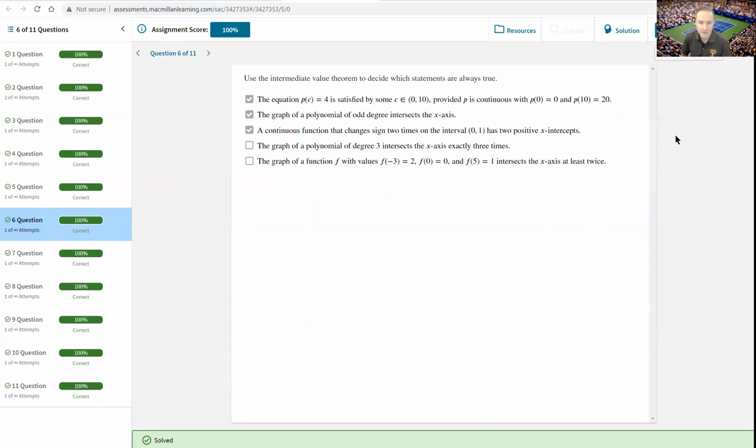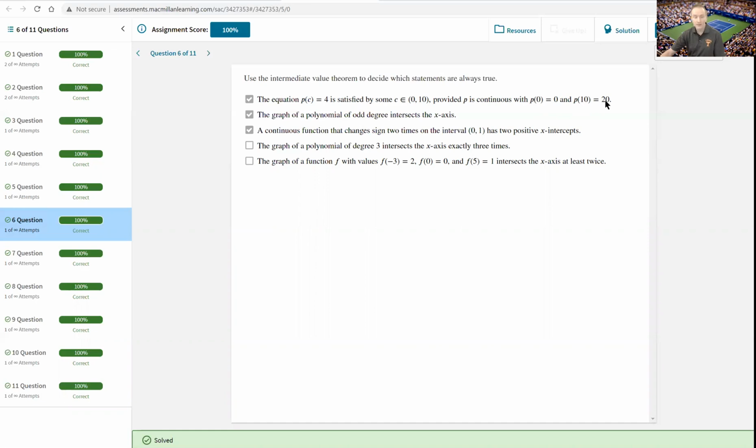So using the intermediate value theorem to decide which statements are always true. The first says the equation P of C is equal to 4 is satisfied by some C in between 0 and 10, provided P is continuous. That is a requirement of the intermediate value theorem, so P is continuous. And you know that P of 0 is 0, and P of 10 is 20.